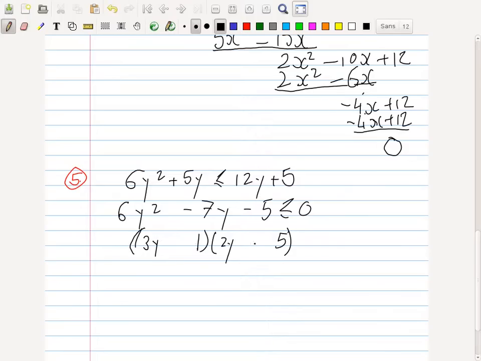Not that way. Maybe it could be a 1 and a 5 here. That would be 3 and that would be 10. No, okay, I guess it has to be 6 and 1 then.